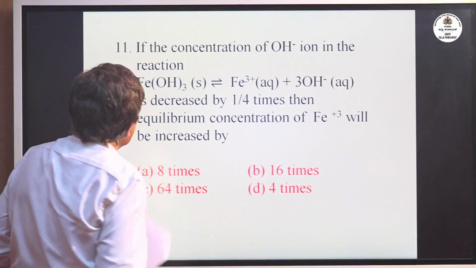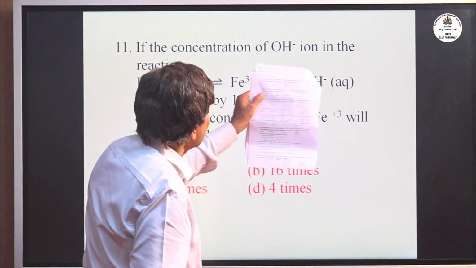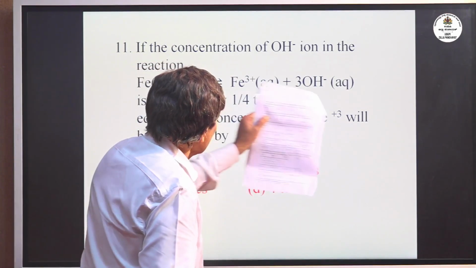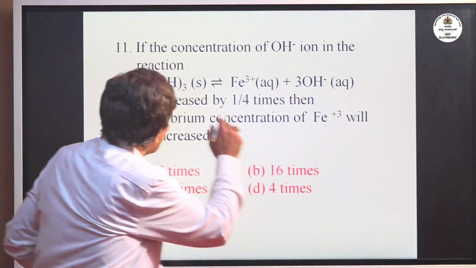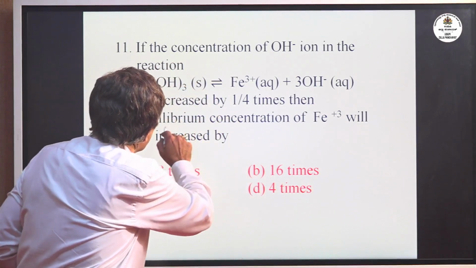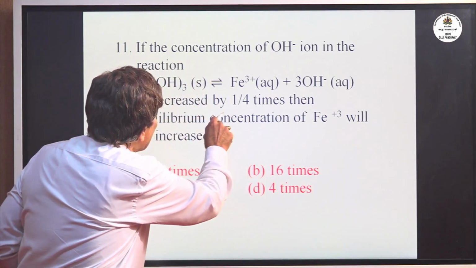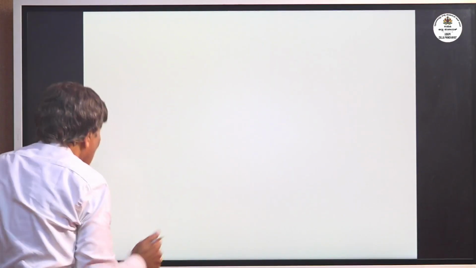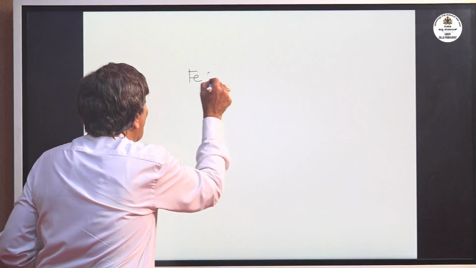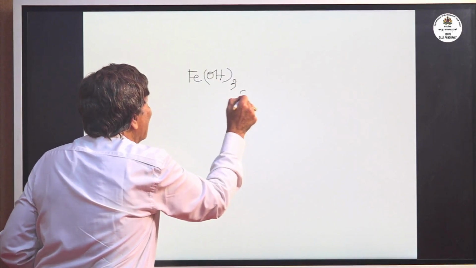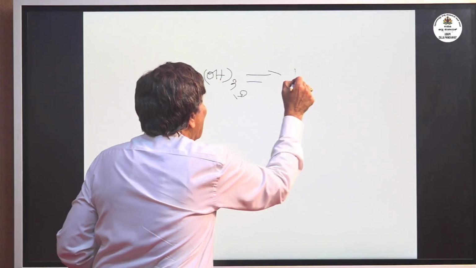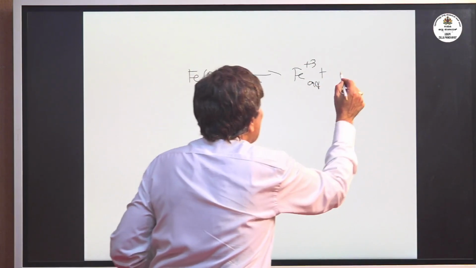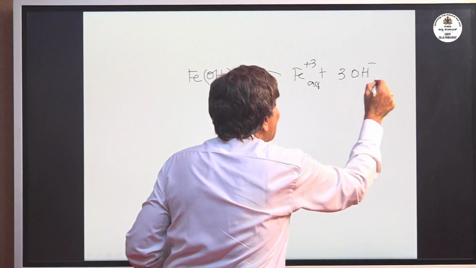See, if the concentration of OH minus ion in the reaction Fe(OH)3 solid giving Fe3+ aqueous plus 3 OH minus aqueous is decreased by 4 times. The solid is very important.